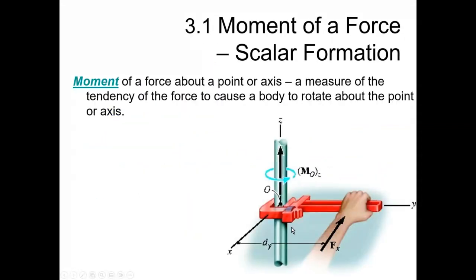Now, listen carefully here. Here we've got a plumber. The plumber is trying to rotate a pipe. So here you have a pipe, and this person is trying to rotate this pipe in a direction shown with a blue arrow.